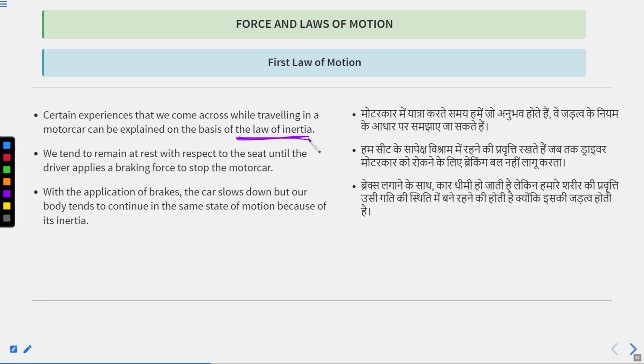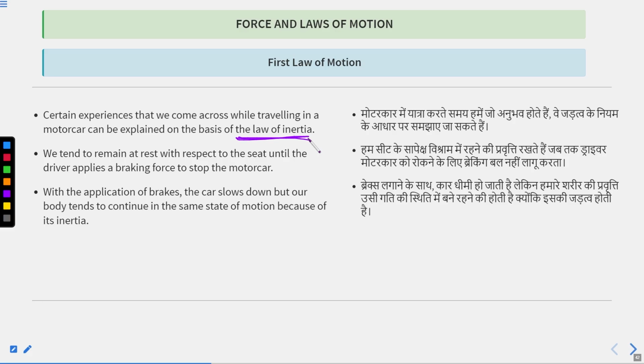What will happen? Your body will move backward. You have generally experienced this. Or if the bus is going and the driver suddenly hits the brake, your body will move in the forward direction. Why is it so? The answer is because of inertia.